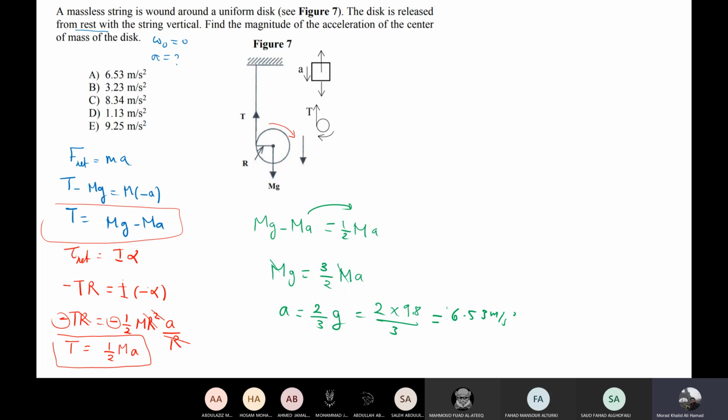Did you get the idea how to deal with the rotational motion? Yes, we did. We do chapter 5 first, and we go to chapter 10. You say tau equal I alpha, but you need to know the direction to know the signs, whether it is positive or negative.